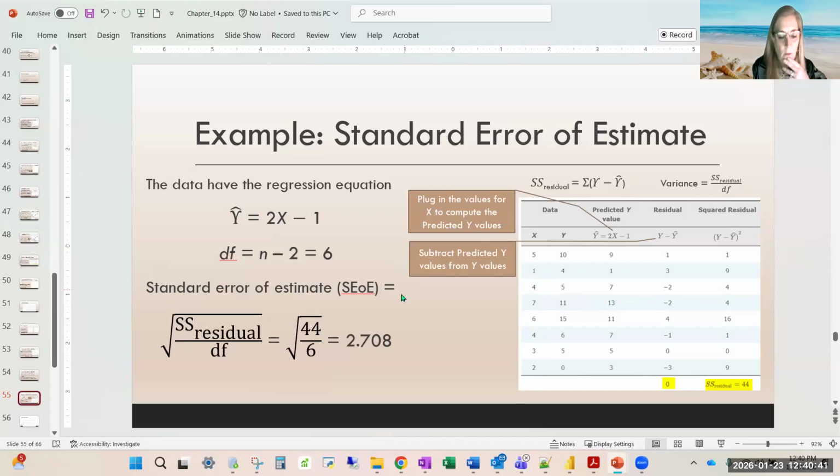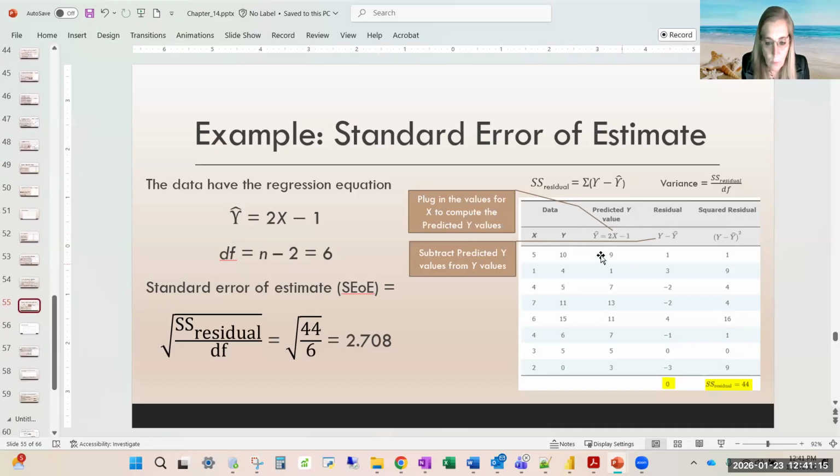The standard error of estimate then is like so, and you can see how they've calculated for the variance here to arrive at the SS residual and also for the predicted y values or the residual y minus y hat. All right. And we end up with 2.708.